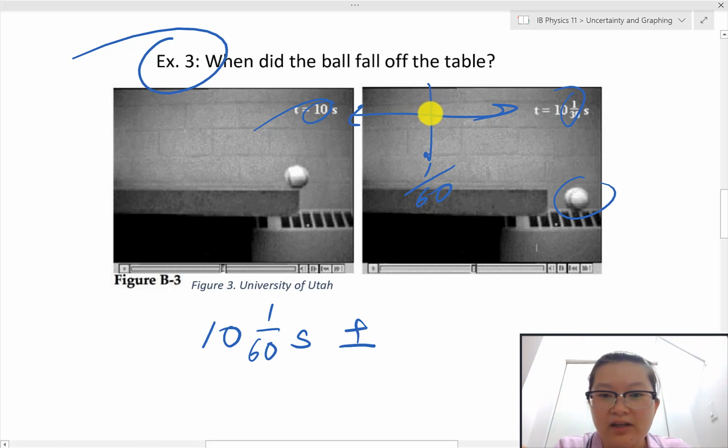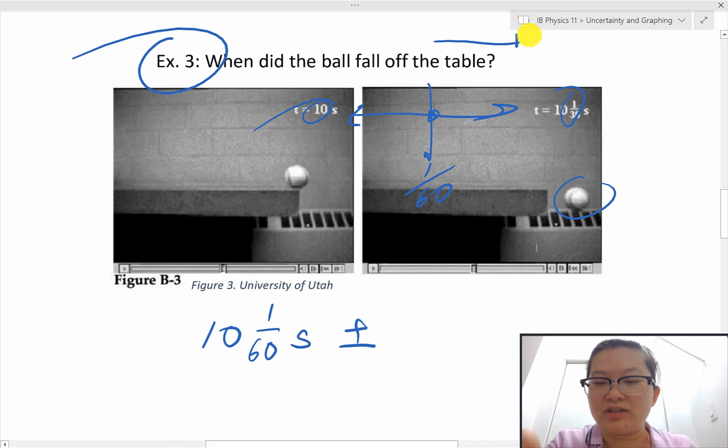If I were here, the mid-range, where this is 10 1/60th of a second, which is smack in the middle, then my plus minus would range from the middle to here, which is a half of that frame, and here to the previous frame, which is also half of a frame.